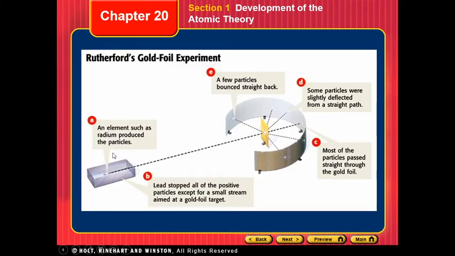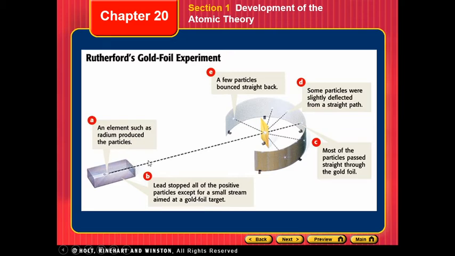This is the gold foil experiment. Here in the middle, that's the gold foil. Gold foil is just like aluminum foil, but instead of aluminum, it's made of gold. Wow, I want to wrap my sandwich with a gold foil. Okay, so an element such as radium produces the particle.